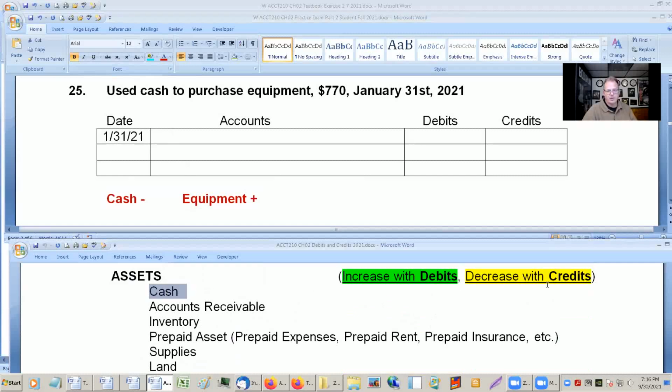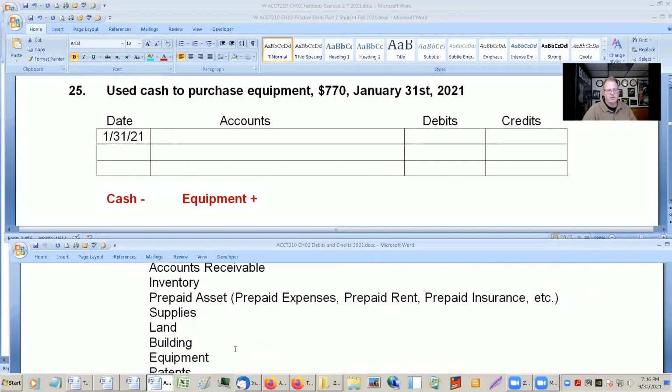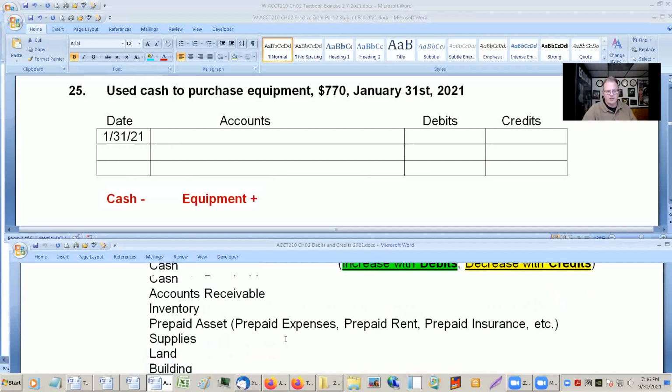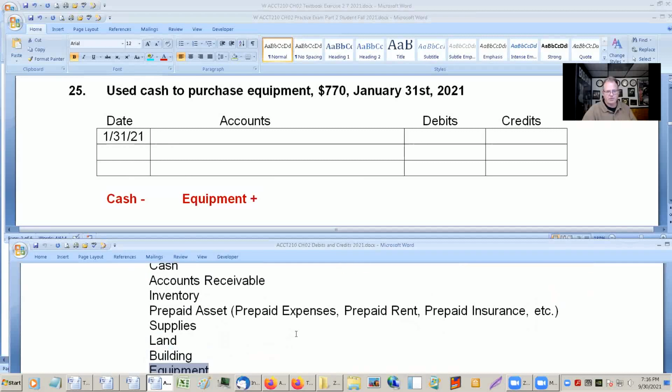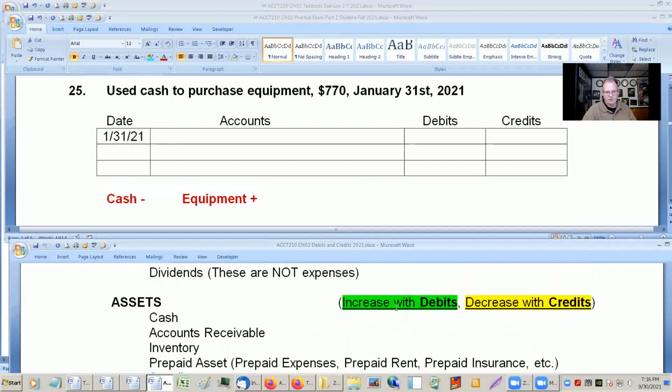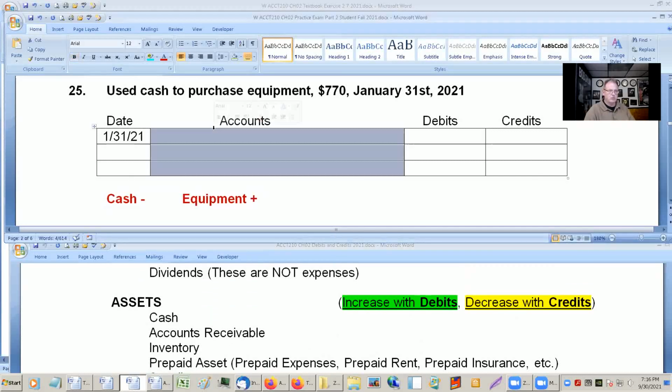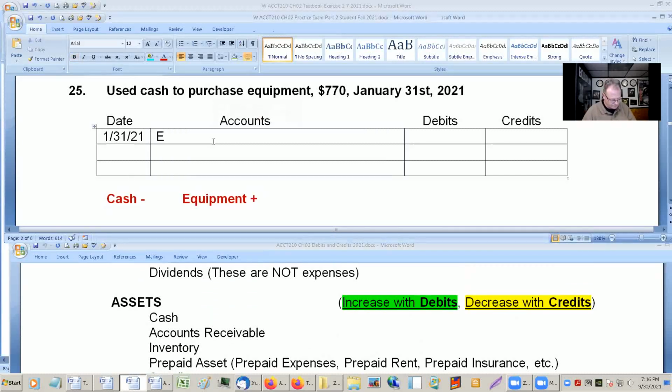That's an asset, increasing with a debit, decreasing with the credit. Equipment is increasing, and equipment is a debit asset. By the way, you do not need to put this asset going up, asset going down stuff in there. And cash is decreasing here.